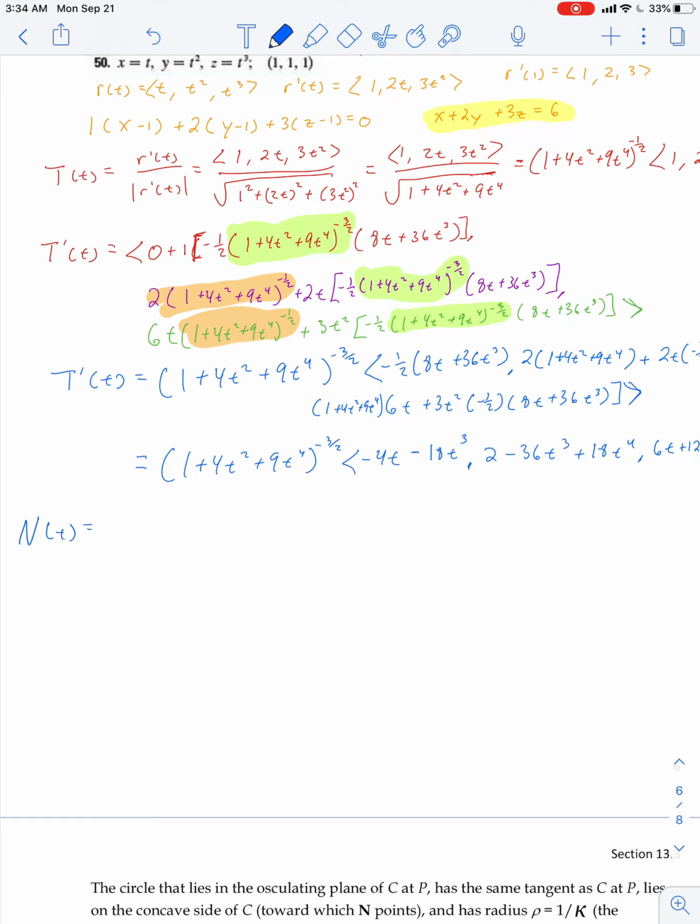substitute everything in. And so again, for my normal vector, it's just the unit tangent vector, the derivative of that over the magnitude of the derivative of the unit tangent vector. But we're just going to find it at 0.